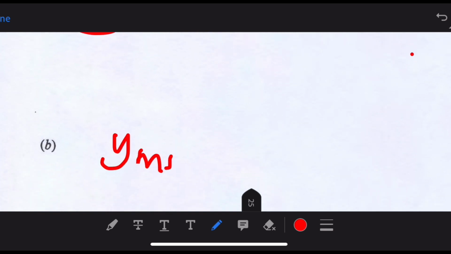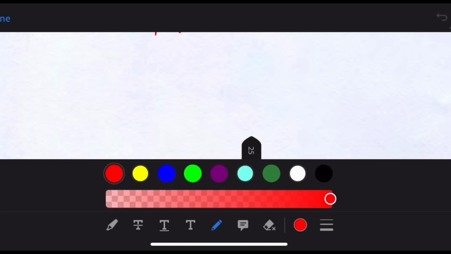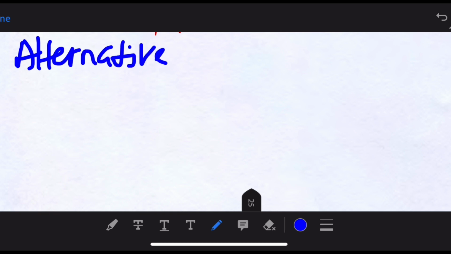So y minimum, of course, should be the value just now, which is negative 6, right? So I think I almost completed the full set of the SBP questions.